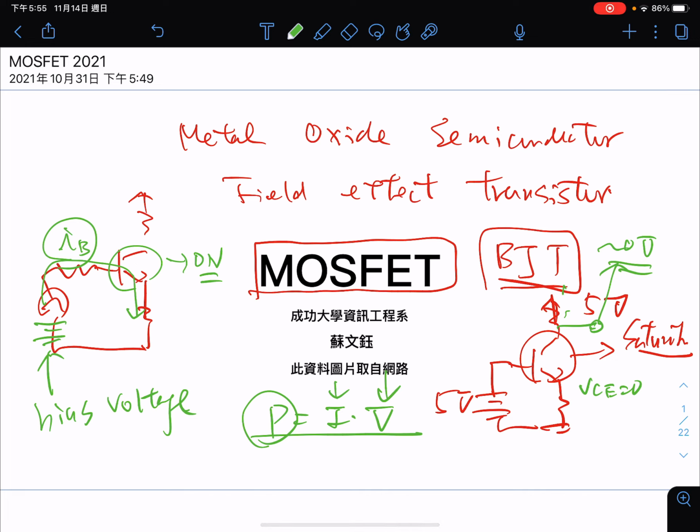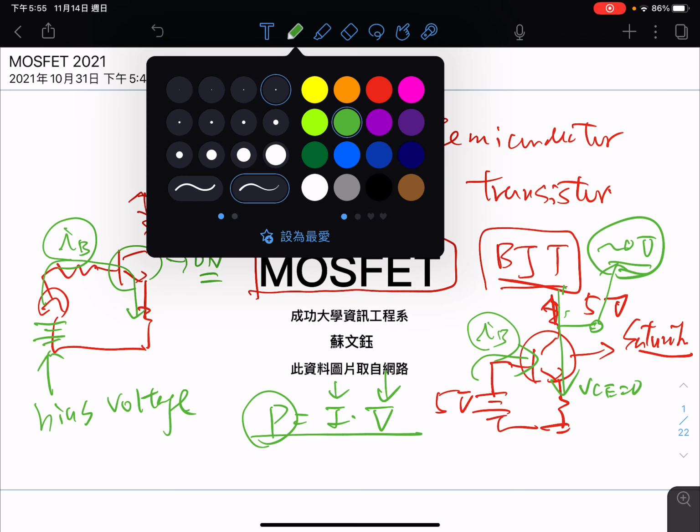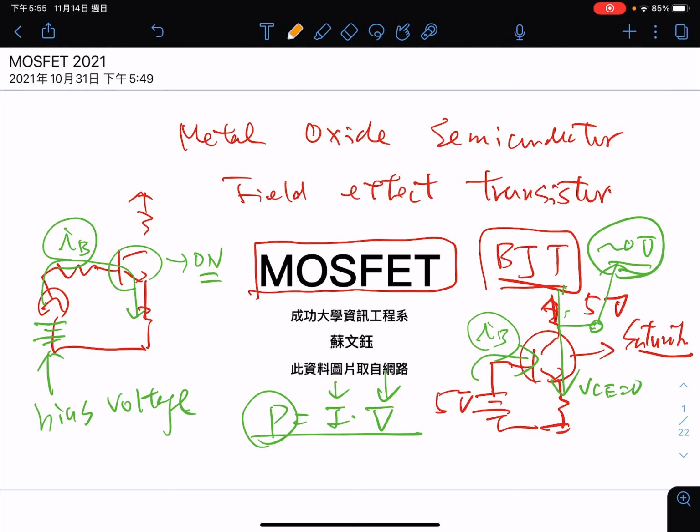But this will induce a lot of current going through here, and we also need a lot of current flowing into the base in order to maintain the transistor in the saturation region. As long as we have the current, we have the power.